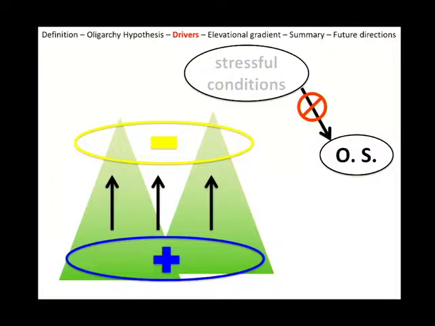And one possible explanation is that in the lowlands, if the common species in the different sites are the same species, at this multi-site scale, at this more broad scale, we will have a strong oligarchic pattern. And if the common species here and the common species there are different, at that multi-site, multi-locality scale, the oligarchic pattern can be weaker at higher elevations.